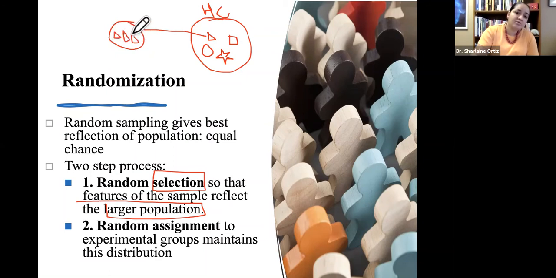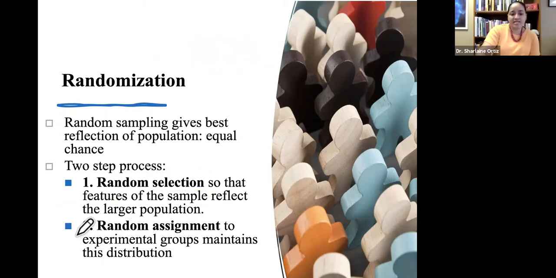Now tell me, do you think this is actually a representative sample of Happy College? Well, of course not, because we have other types of individuals. So we want to make sure that I randomly selected all of these individuals into my sample, right? That they actually reflect that population that I am trying to investigate, that I'm trying to conduct a study for. I want that sample to be representative of this larger population.